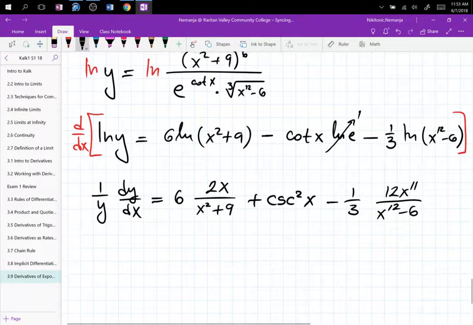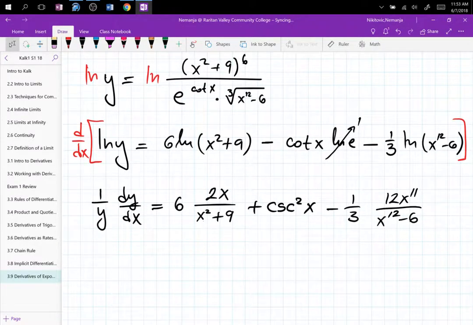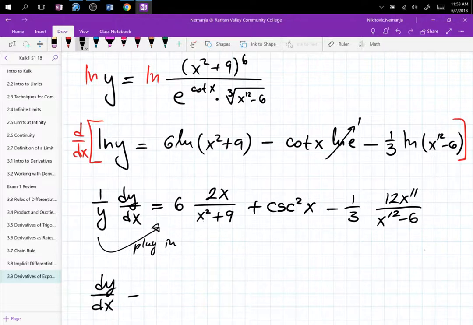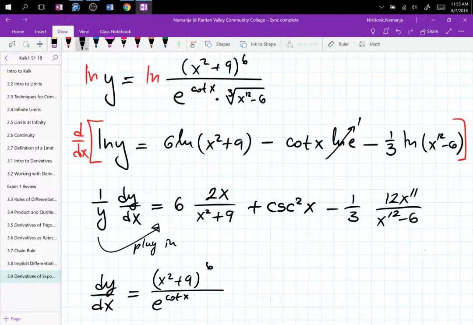So now, to avoid writing 50,000 steps, the y will go to the other side and I will plug in at the same time. So I have dy dx is equal to the good old (x squared plus 9) to the 6 divided by e to the cotangent x, cube root of x to the 12 minus 6, times the parenthesis.